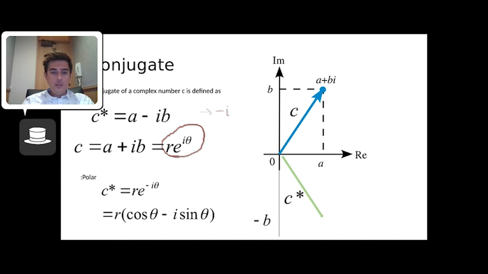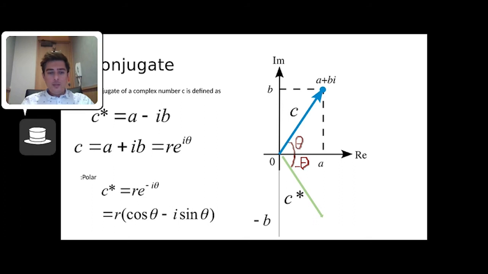Then basically all this does is add a minus sign to the I part of it. So it makes sense in two ways. You can view it as something that changes the sign of I, or you can view it in this graphical way where you change the angle from theta to minus theta, and it still holds together.